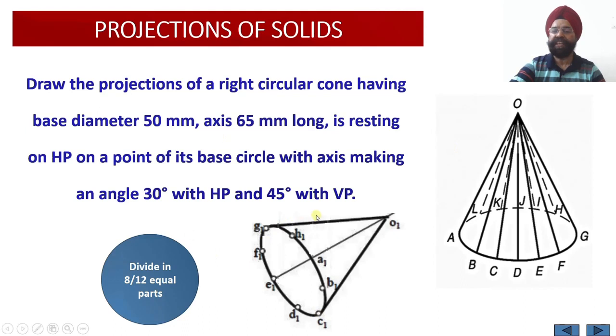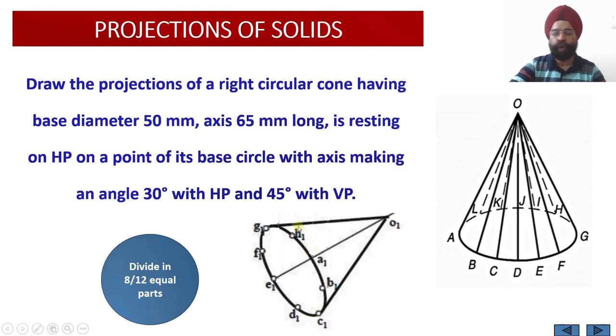Whereas in case of the cone, the difference lies here. Whenever you see this is a cone, if I incline it this way, it will be resting on this corner of its base on the horizontal plane. But even though this point is the farthest point from the observer, these two things will not be dotted. What will happen?